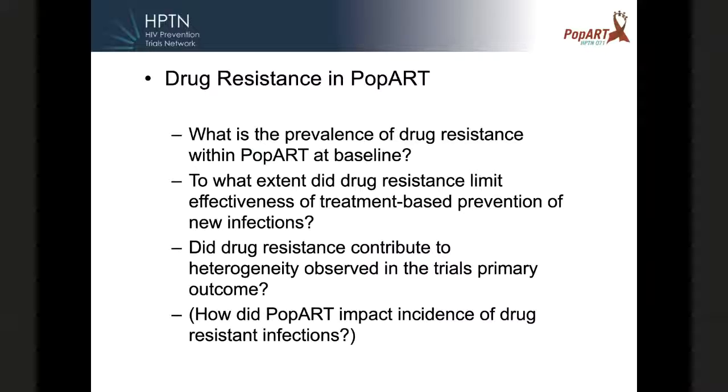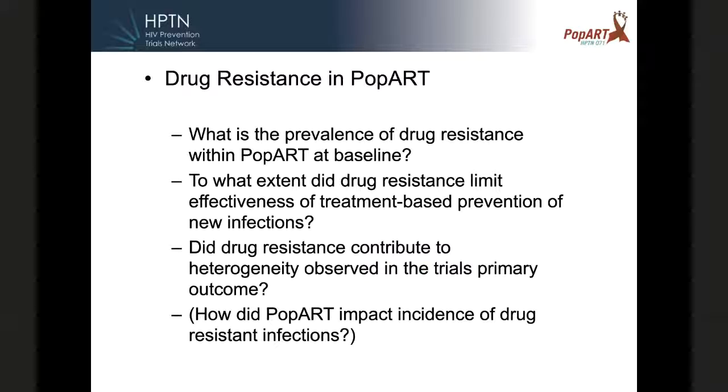We should start by looking at what the prevalence of drug resistance is within Popart at baseline, at the point that people were enrolled, and ask to what extent drug resistance limited the effectiveness of treatment as prevention of new infections within the trial.